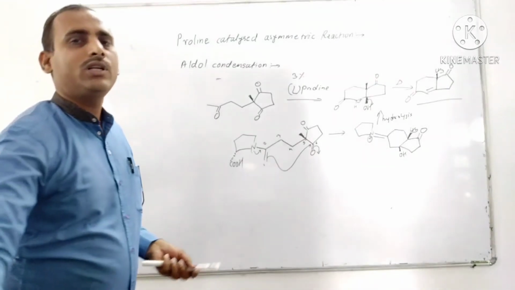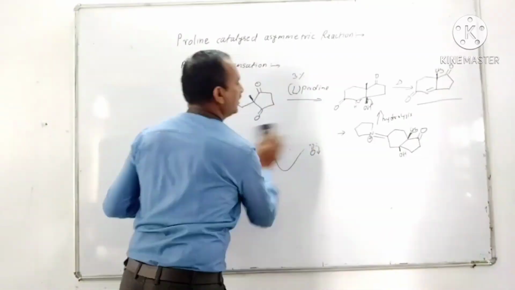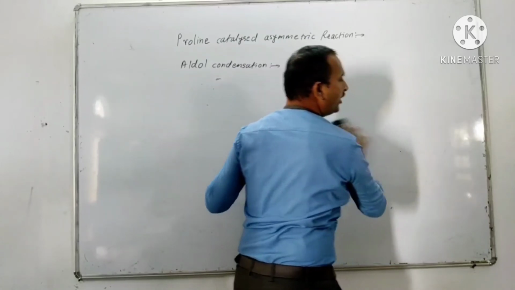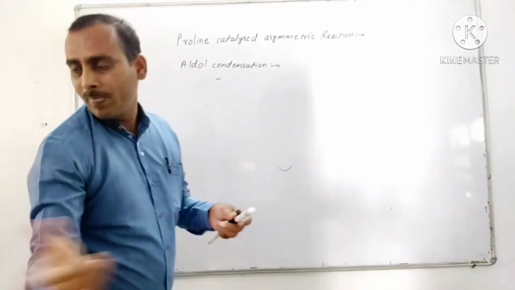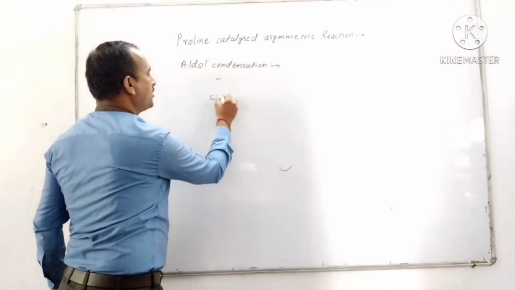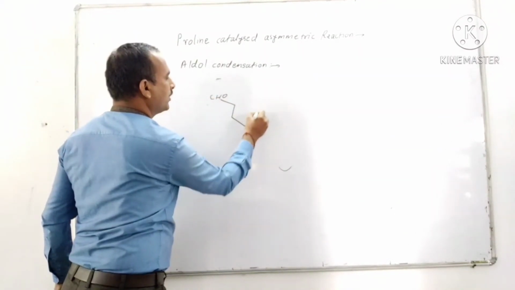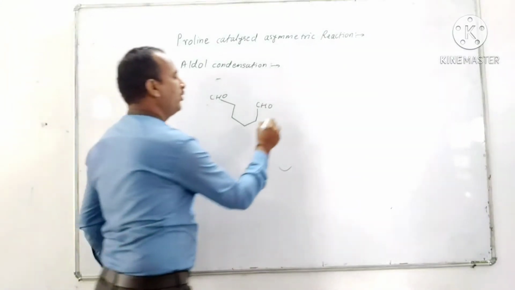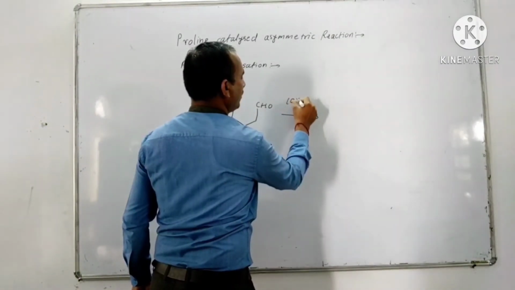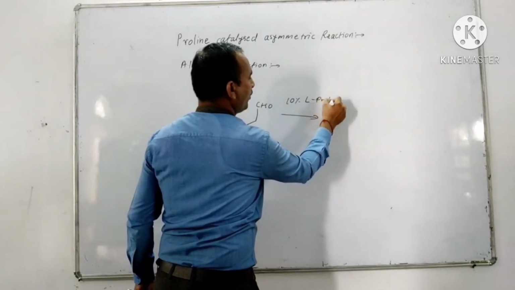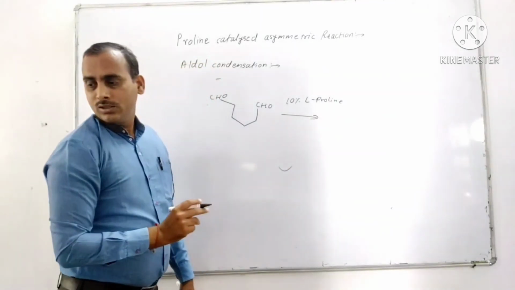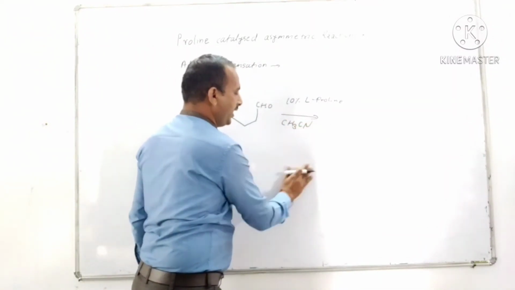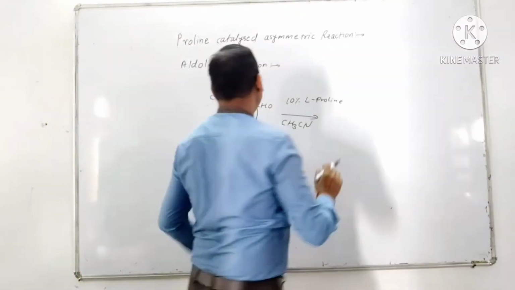Okay, let's see more examples of this catalyst. This is an intramolecular aldol condensation with CHO, again in the presence of 10% L-proline and CH3CN, acetonitrile, as a solvent. Then again it undergoes cyclization.